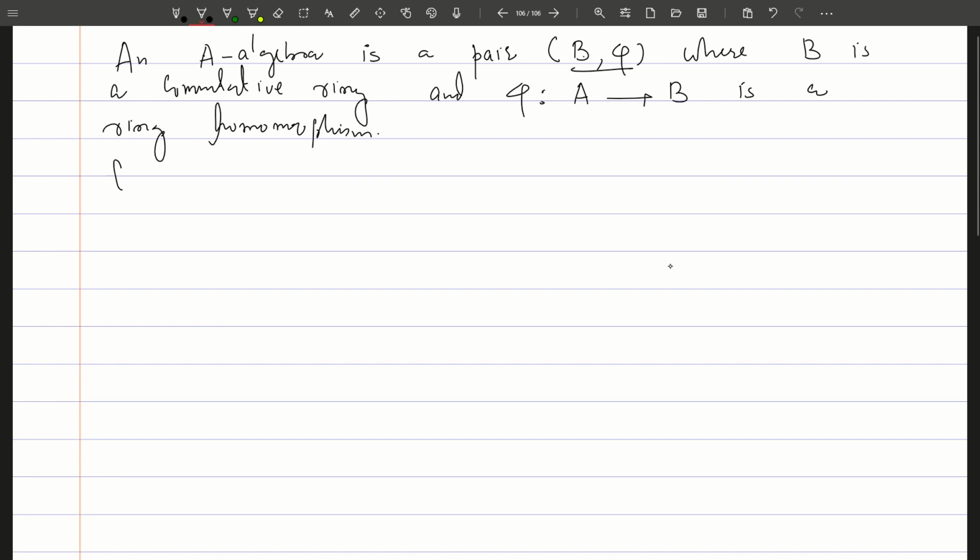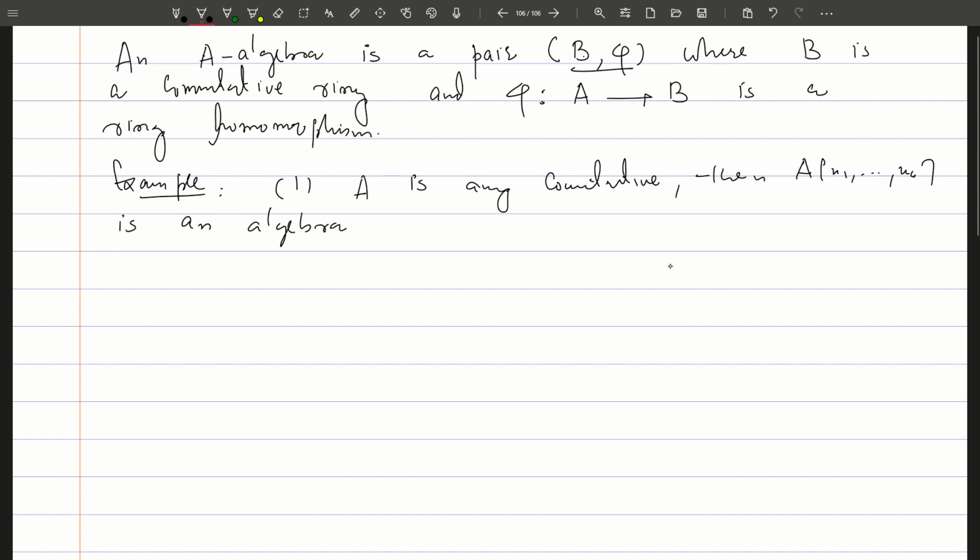So for example, if A is any commutative ring, then the polynomial ring in n variables is an A algebra.